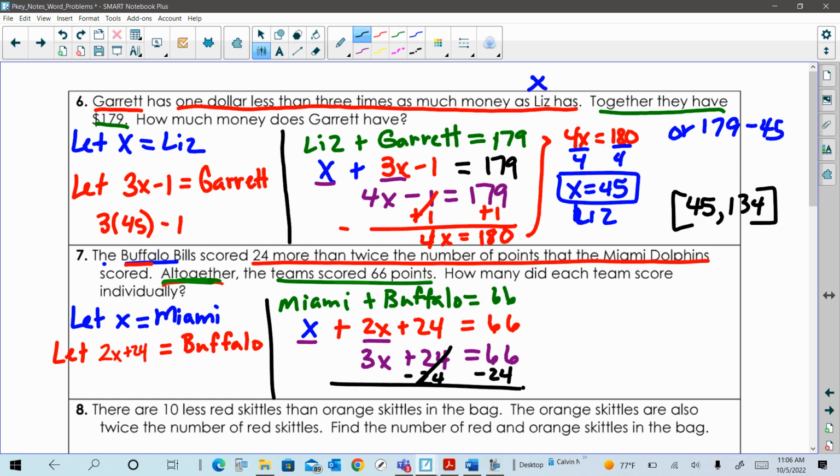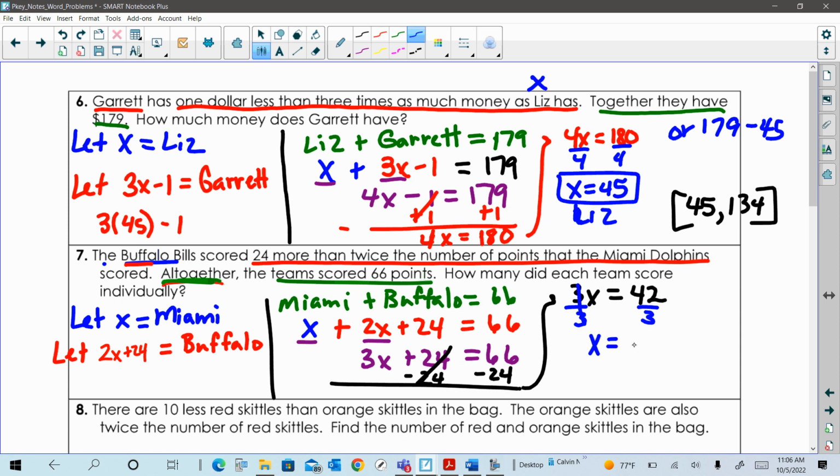That's gone. We now have 3x equals 42. Okay. Now what should we do? Divide on each side. Divide by 3, yes.